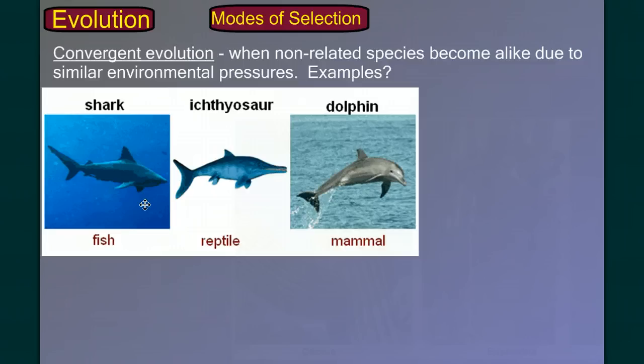Well, they inhabit the same environment, and this body form has become very advantageous or has been very successful in that environment. So they have evolved similarities. And that doesn't mean they're ever going to converge and become one species. We have a mammal and a fish, and we have fossil records of an ichthyosaur, a reptile version that is also very similarly shaped, but it had the same environmental pressures.